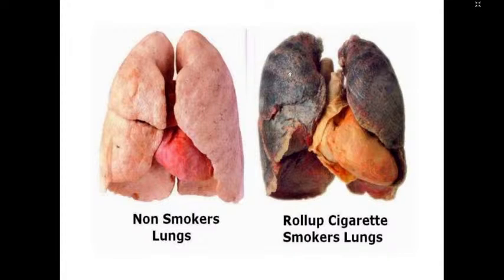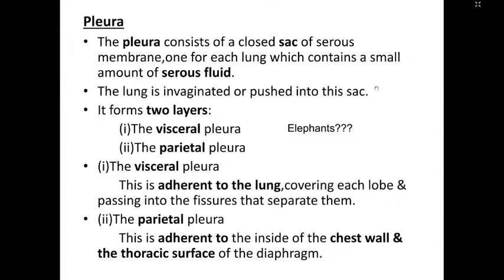This is a dark, dirty, carbon-choked, cigarette-smoked smoker's lung, which is bad. Once you have smoked for around 10 to 15 years, it will require you to stop smoking for around 10 years. After that, you can say your lungs are healthy again. So in the first place, never start such a bad habit.